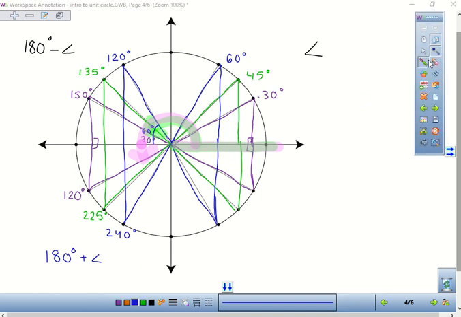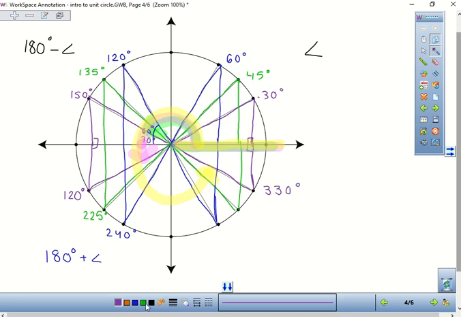Now, if we're talking about the fourth quadrant, we start at the initial side, and now we have to open all the way here to get to the 30-degree. So all we have left here is the 30-degree angle. So I had to go all the way around to go 30 degrees. What would that be for the 30-degree? 330. I would have to subtract from 360, right?